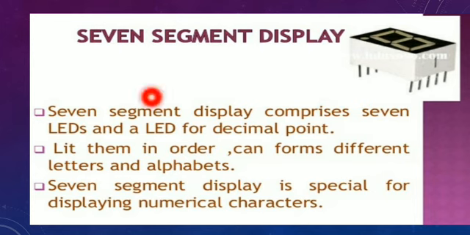So what is a 7-segment display? The 7-segment display comprises 7 LEDs and one LED for the decimal point. For example, lit in a particular order they can form different letters and alphabets. So letters and alphabets are all displayed with the help of 7-segment LEDs.